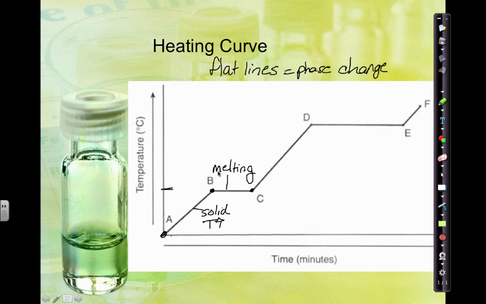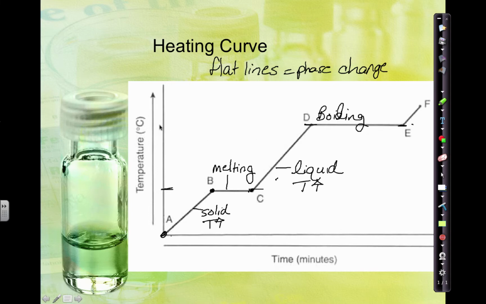So right here, once I finish melting, I should be in the liquid state. And again, the temperature is going from here to here, so it's increasing again. I have another flat line right here, so that indicates a phase change. Well, if I'm in a liquid and my temperature is going up, I should be boiling the substance here.